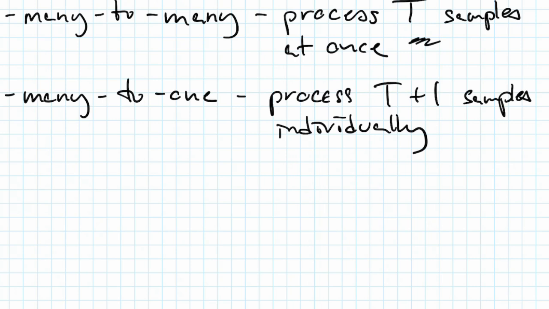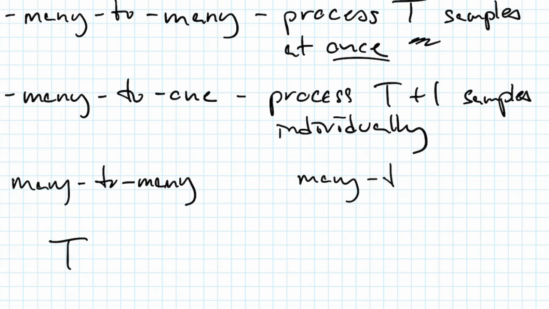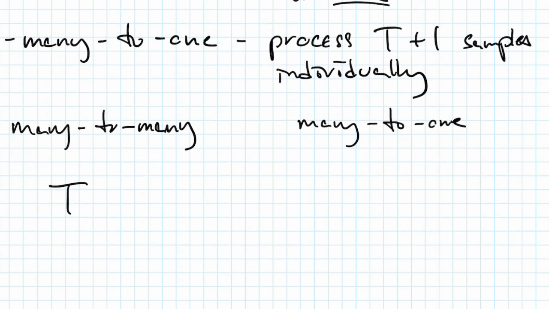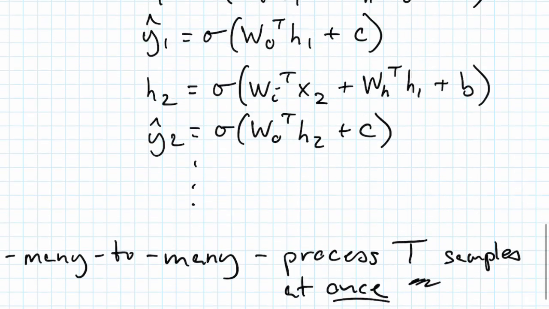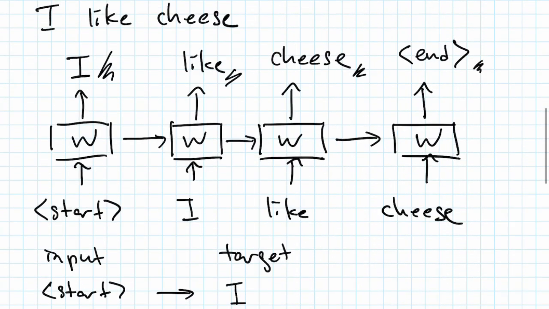Let's just say there's T steps. Okay, so it's once. And so for many to many, there's T computations. Okay, but for many to one, the first time we do it, there will be one computation. So just imagine how many times we go through each of these blocks.